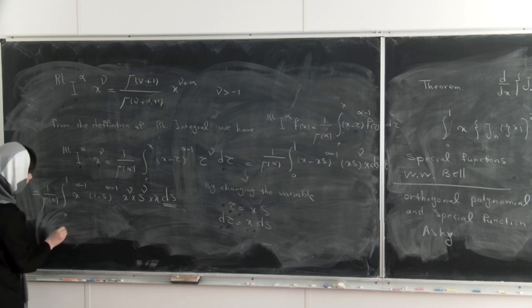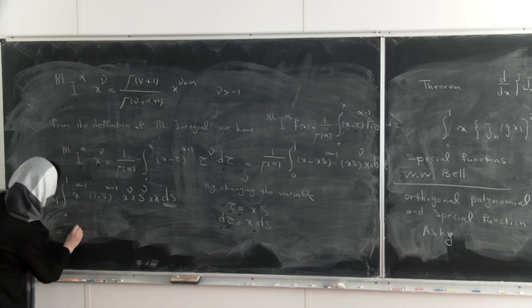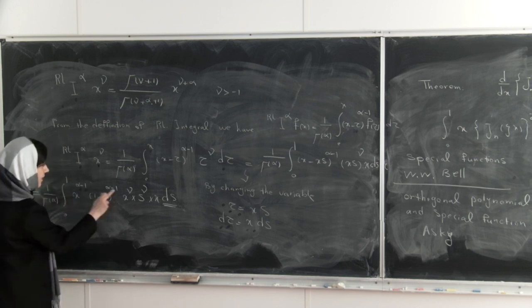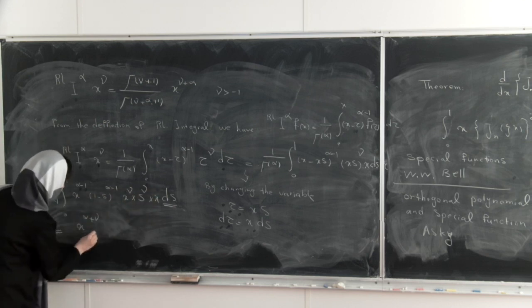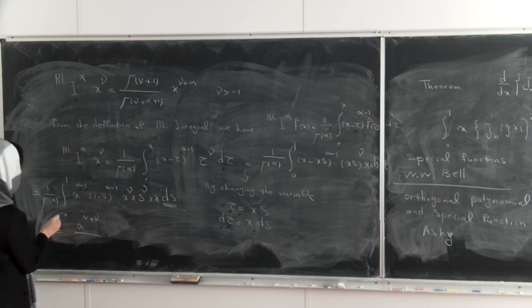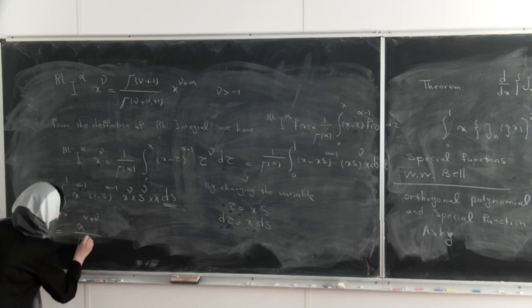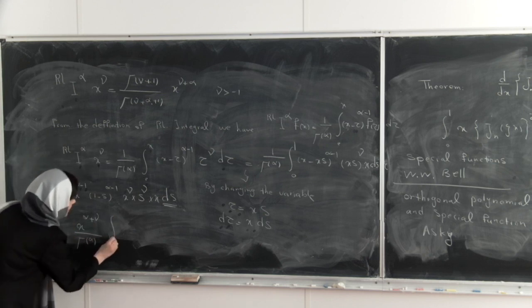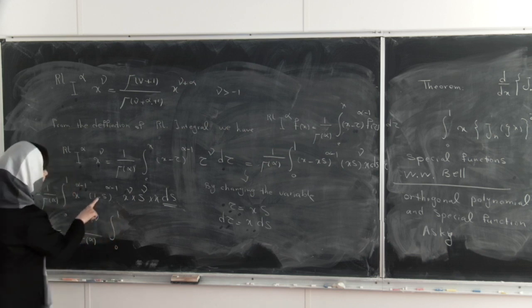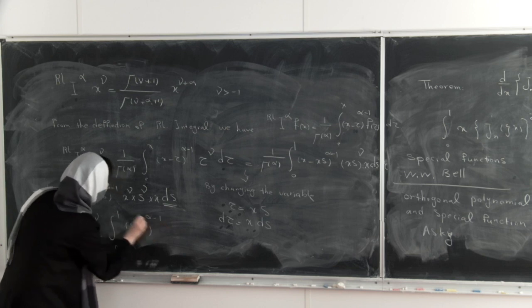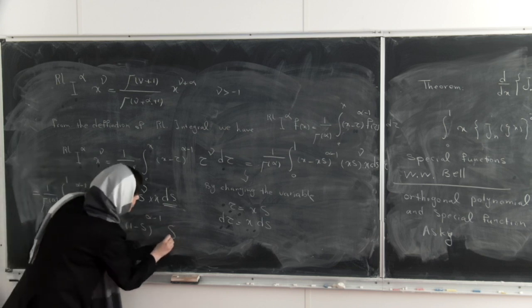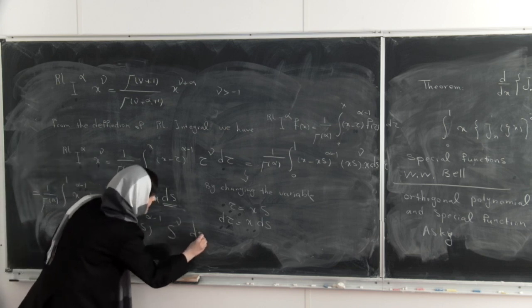So we can write x to the alpha minus 1 plus nu plus 1, that is alpha plus nu, divided by gamma alpha, integral 0 to 1, (1 minus s) to the alpha minus 1, s to the nu ds.